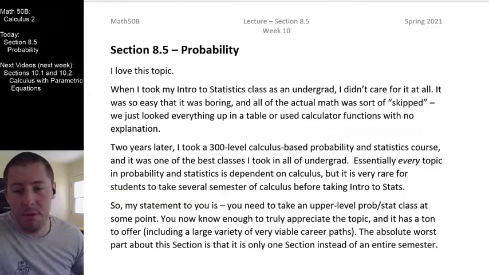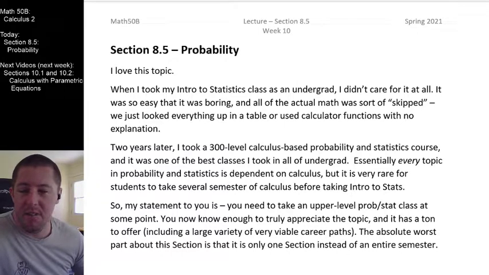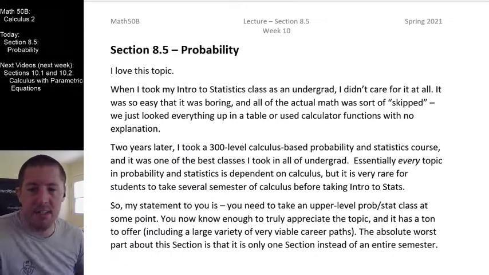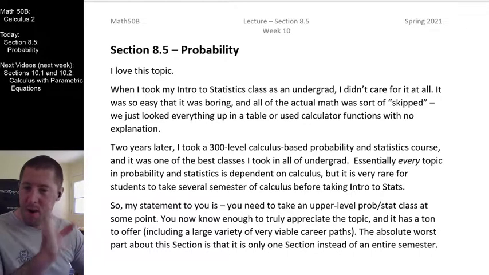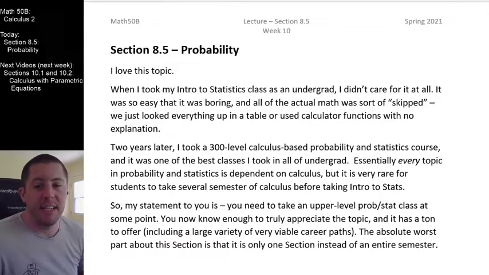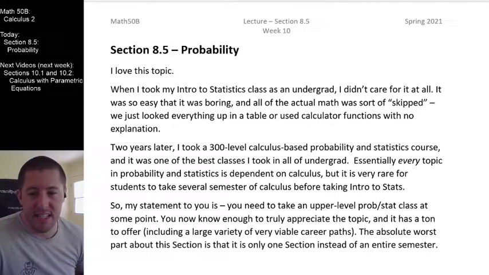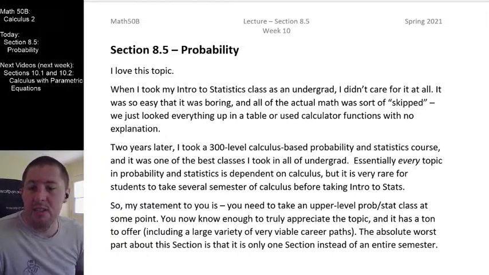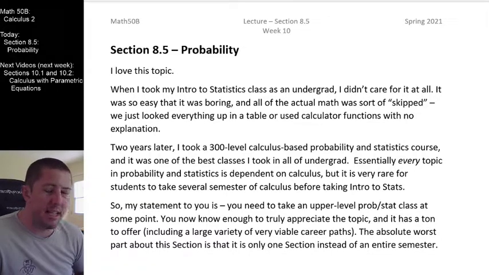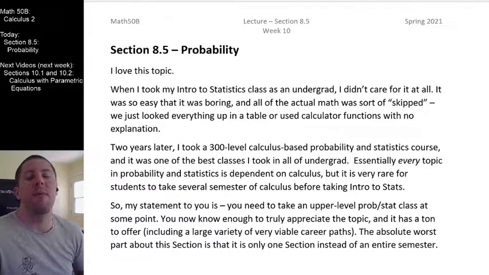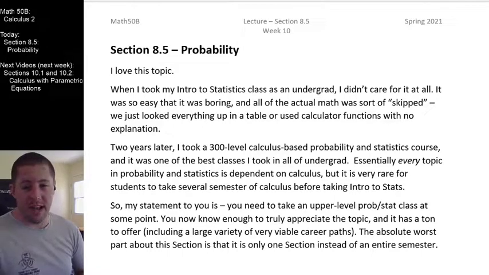My biggest disappointment today is that we only cover this for one day and not for an entire semester. As my final comment before I walk away from my wall of text, I taught this course last semester as well as two sections of Introduction to Statistics. I really appreciate teaching Intro to Stats, but it is really hard to teach that class in the same semester as a calculus class, because so many things come up in stats and I want to show you, but I can't.